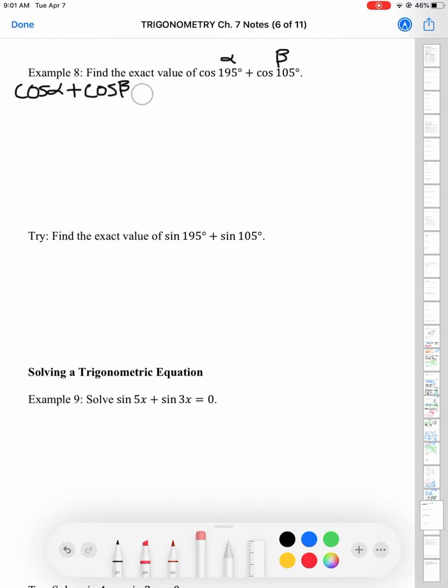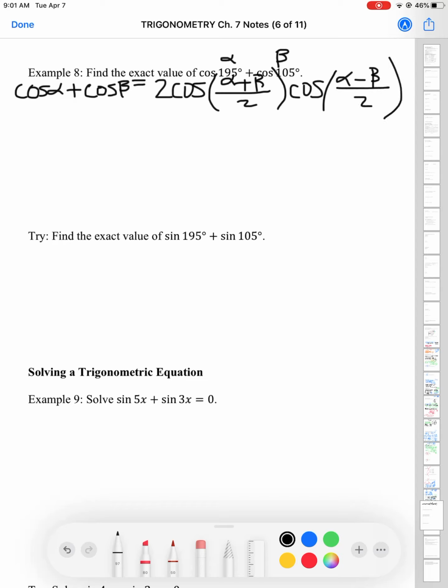If you look on the page above, that is 2 cosine alpha plus beta over 2 times cosine alpha minus beta over 2. So we've got our formula, we've got our alpha, we've got our beta. Now let's plug in.